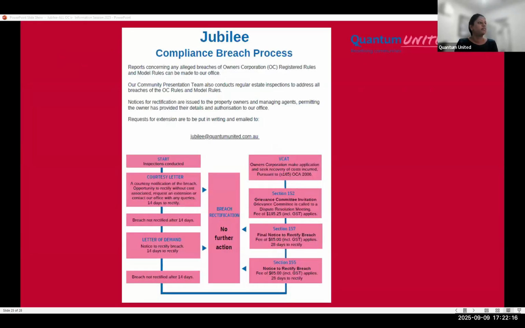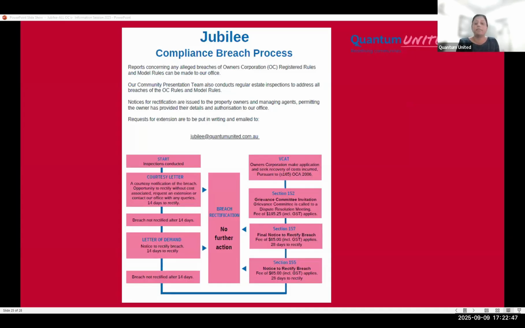We do have a breach process in place for Jubilee, which has different stages and a different set of letters and breach notices that are issued in a timely manner. This flow chart is also on the owner's portal for you to refer to. When an inspection is conducted, firstly, a courtesy letter is dropped off in your letterbox, and an email goes to the registered email address provided to our office.